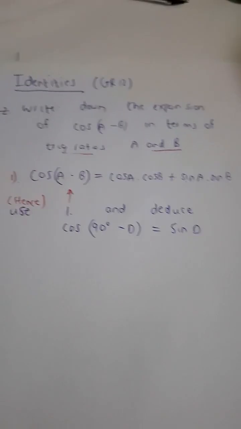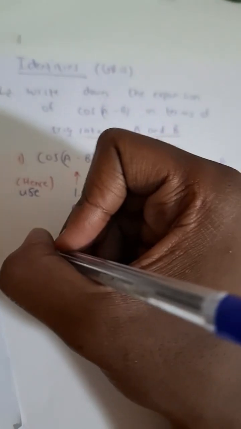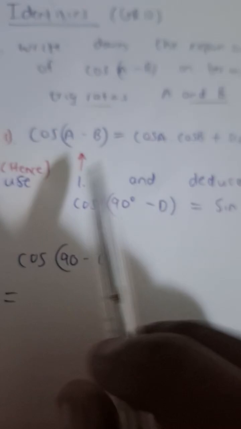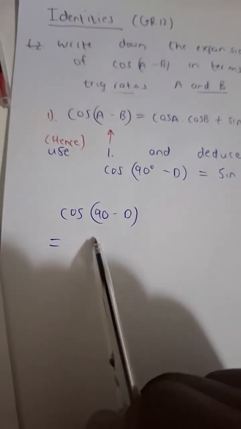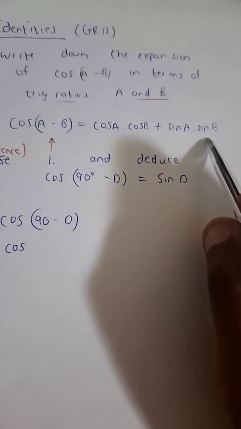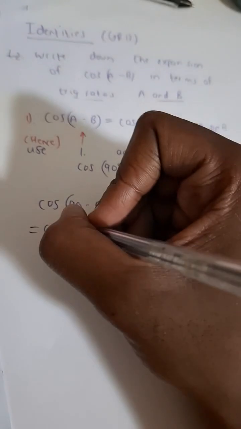So what we do here is we are going to take cos 90 minus d as it is, right? And we are going to use the expansion above. And we are going to write cos 90 minus d in terms of this expansion. Does that make sense? So cos 90 minus d is what?